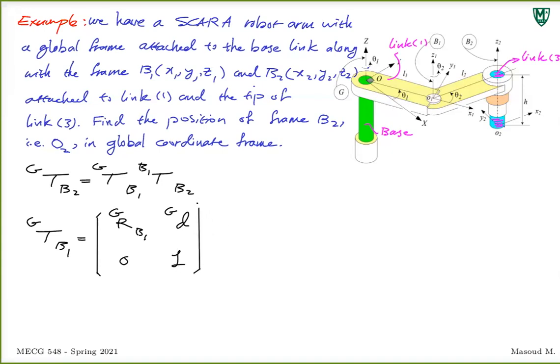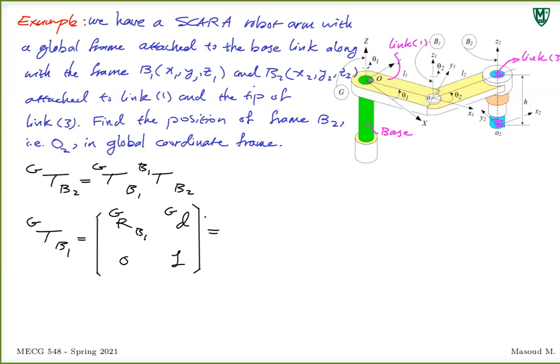This is the matrix. You can expand this. So what is our B1G? What kind of rotation do we have? Out of those 3 rotation matrices, how does link 1 rotate around G?